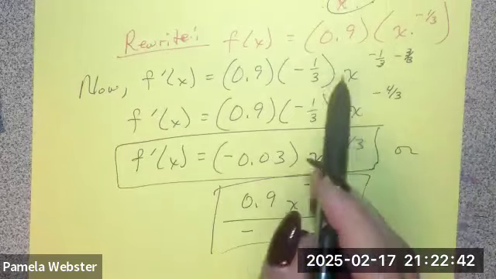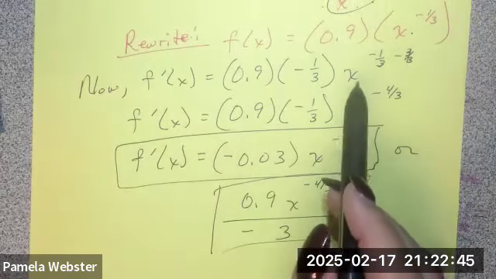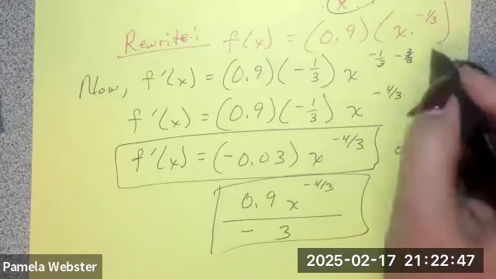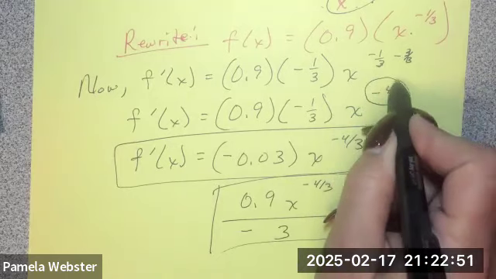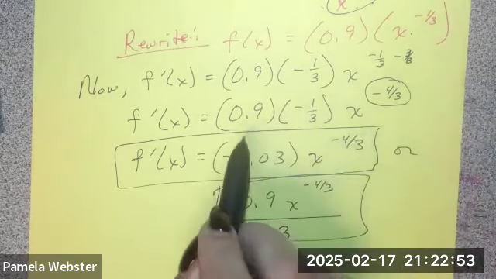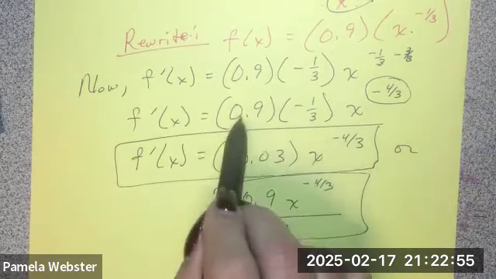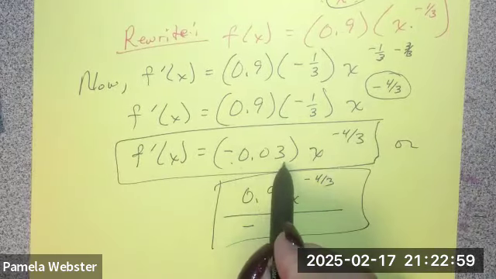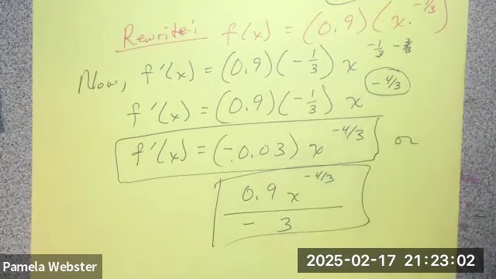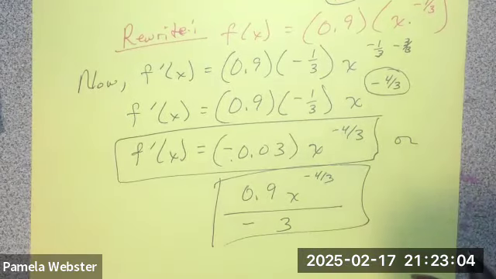So the 0.9 times the -1/3, subtract 1 from the exponent. I made the 1 into 3/3. That makes my new exponent -4/3. I did go ahead and multiply these, and my calculator tells me it's a -0.03 x to the -4/3. I am perfectly happy if you leave it like that.